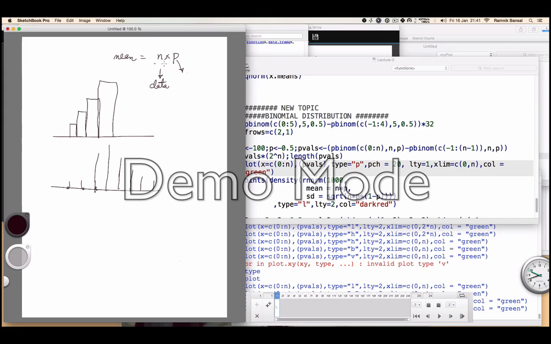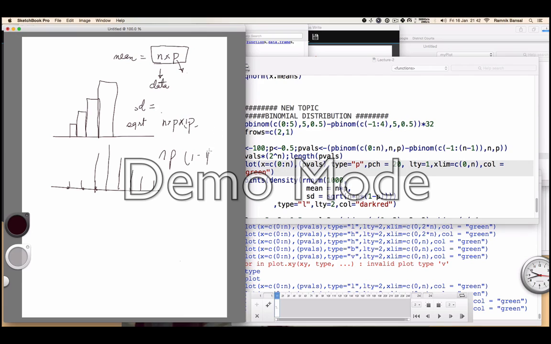So effectively, that's going to be the mean anyways. N into p. And then what's going to be the standard deviation? Standard deviation is given by square root of n into p into 1 minus p, all right?